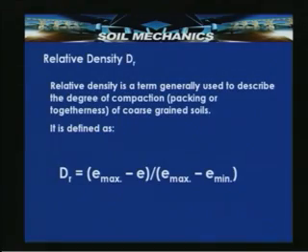Dr is equal to e max minus e divided by e max minus e minimum. So, this is the range between maximum void ratio and minimum void ratio, which may be possible for a particular type of coarse grained soil, and e max is the maximum void ratio and e is the in situ void ratio. With this, we will be able to obtain the degree of compaction of a particular soil.